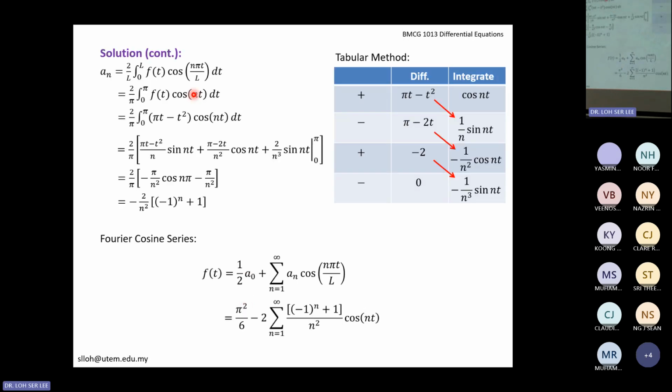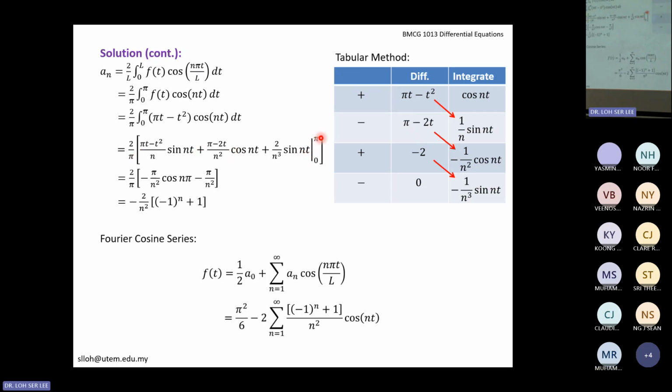And this is the formula for An. Since your L is pi, substitute L by pi. When L is pi, the pi cancels out, and you get nt, cos nt. Your f(t) is this function. To integrate this, we use the tabular method. Then you will get this line.